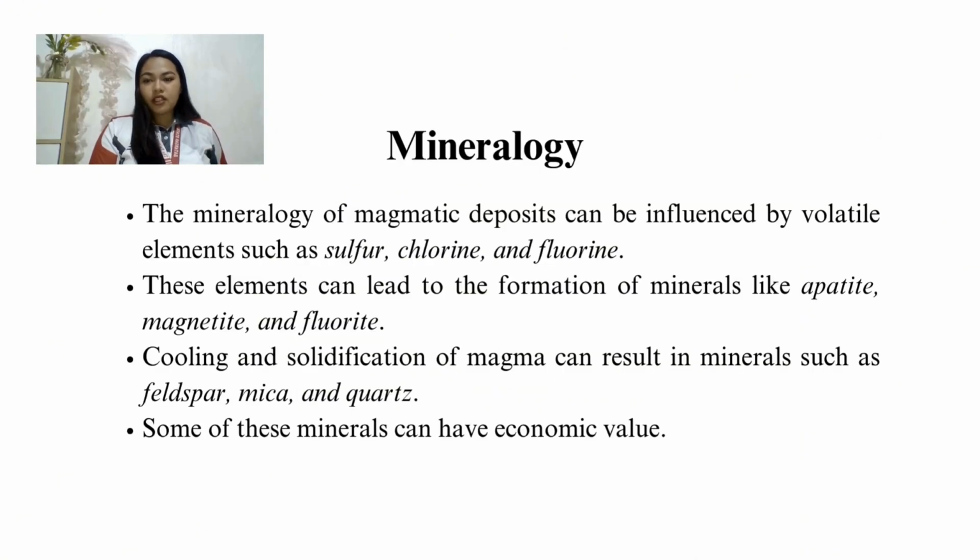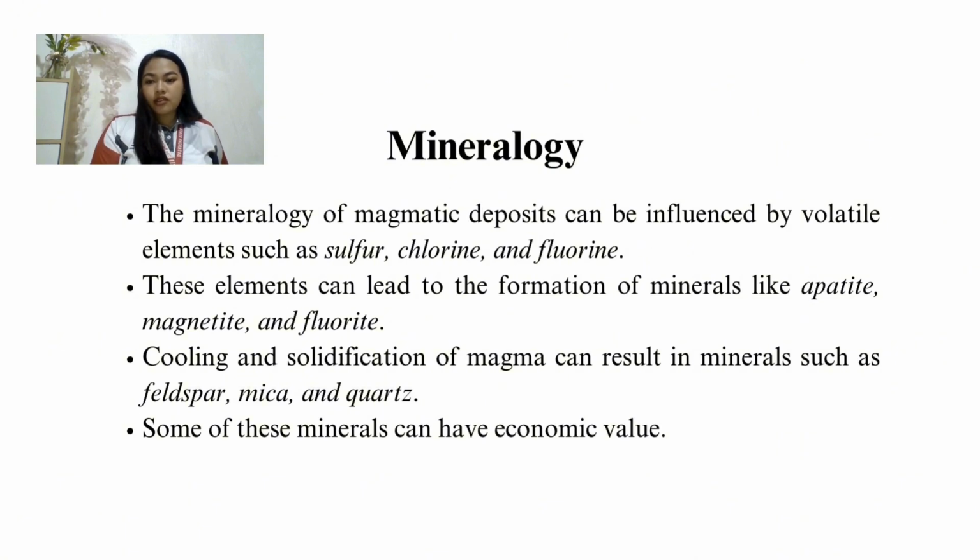The mineralogy of magmatic deposits is largely influenced by the presence of volatile elements such as sulfur, fluorine, and chlorine, which play a crucial role in the formation and differentiation of minerals. These elements contribute to the crystallization of minerals like apatite, magnetite, and fluorite, which are commonly associated with magmatic processes.